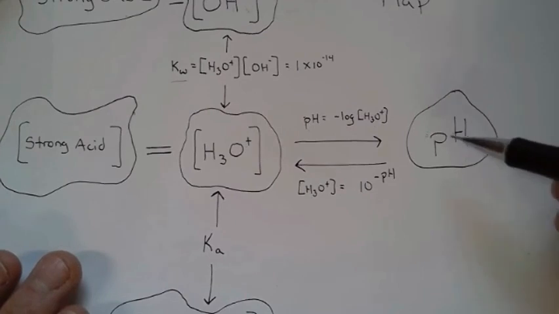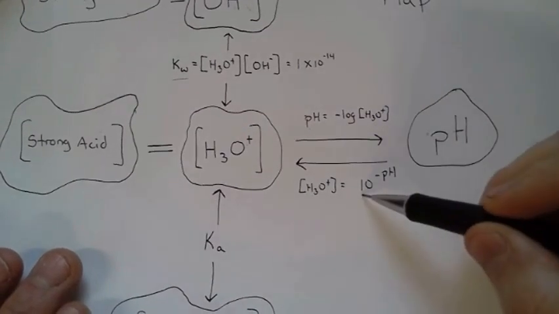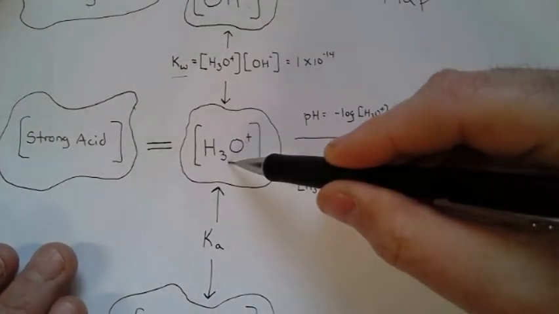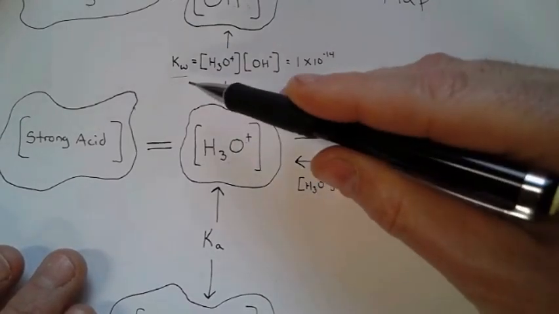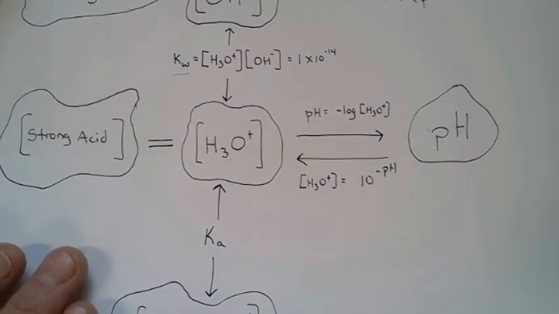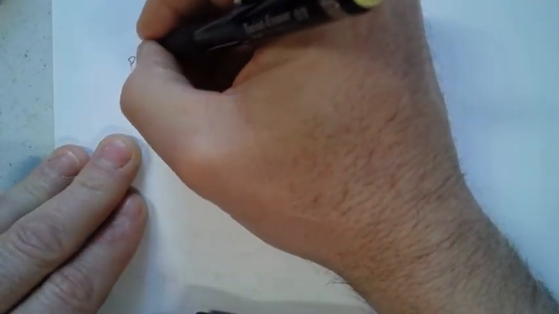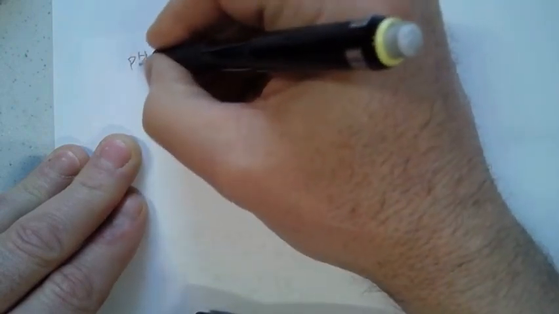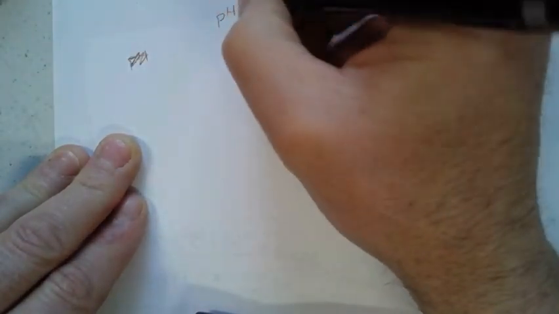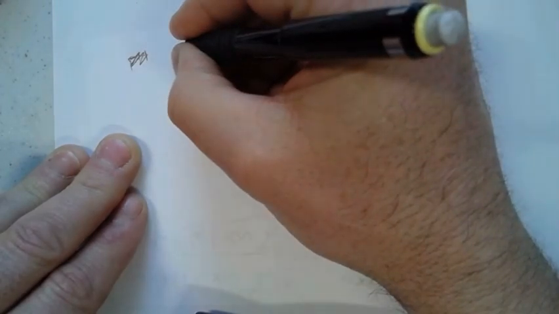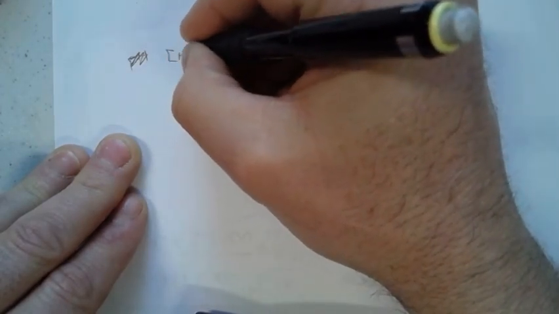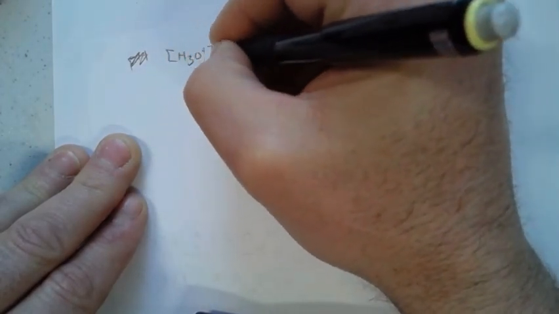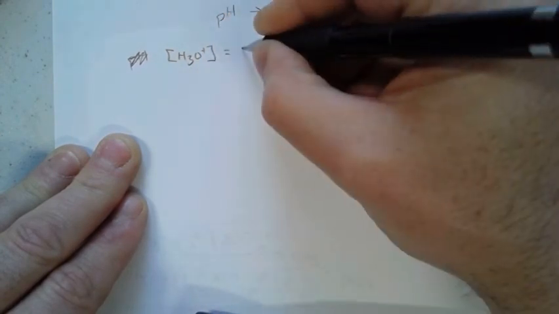The first is to use the pH to get to hydronium, and then use Kw to get to hydroxide.